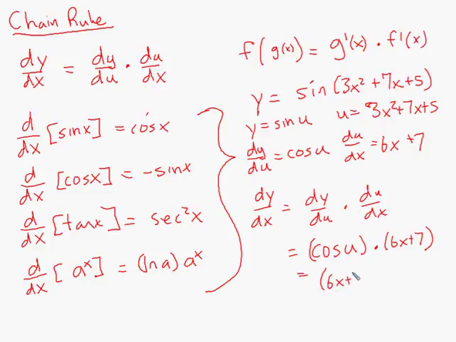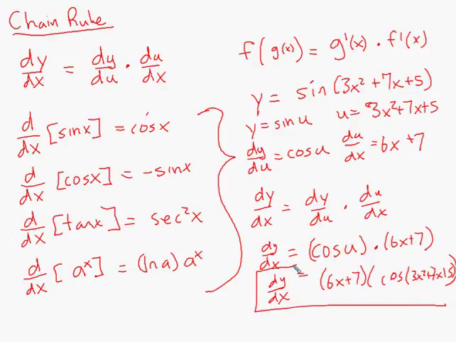So 6x plus 7 times the cosine of 3x squared plus 7x plus 5. I replaced my u back to the way it was, and that's my derivative. So the whole idea is to find that innermost thing, kind of like when we were decomposing functions. That's how you use the chain rule.